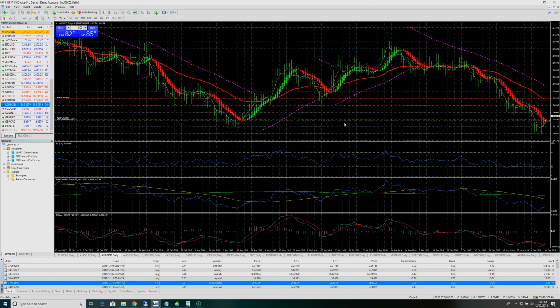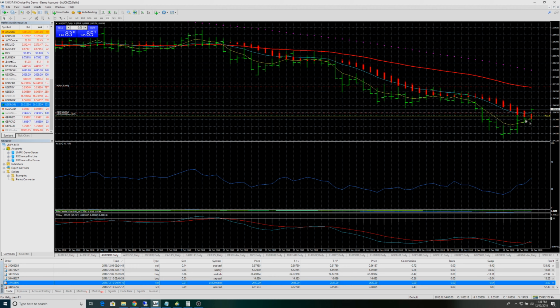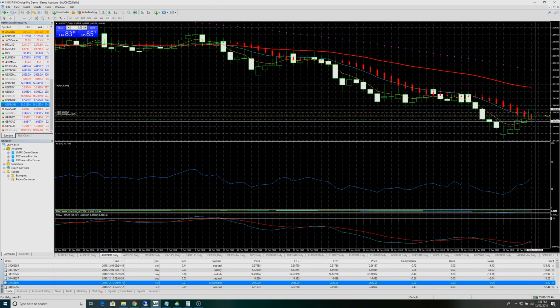I'm also running an expert advisor on this to try and find some other potential trades that I may not be able to pick out. Looking at the Aussie New Zealand, if we zoom in here and switch our candles, it has already moved. That was our entry, so it's already moved 51 pips on the day.